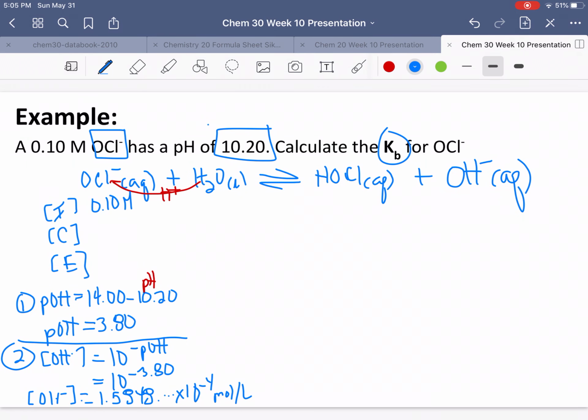Okay, why is this a big deal? Well, that is the concentration at equilibrium, because that's when we actually end up with hydroxide existing. So by finding this value now, you just found the equilibrium concentration of hydroxide, which, because they're 1 to 1, you just found the equilibrium concentration of HOCl.